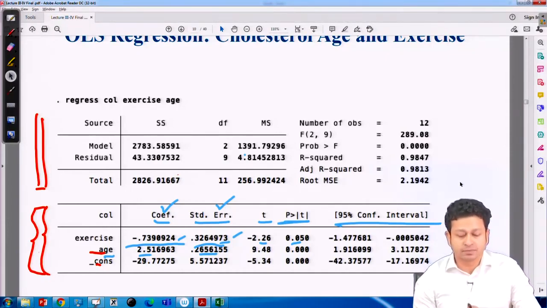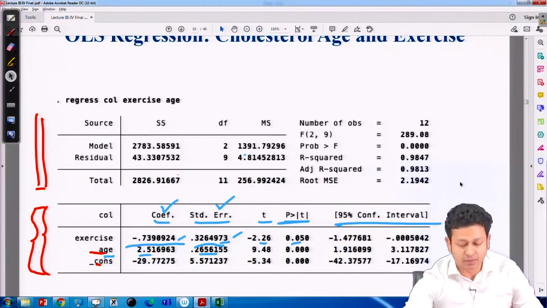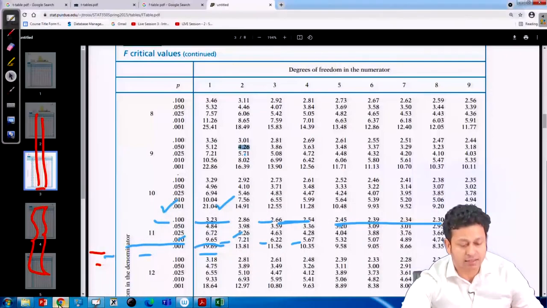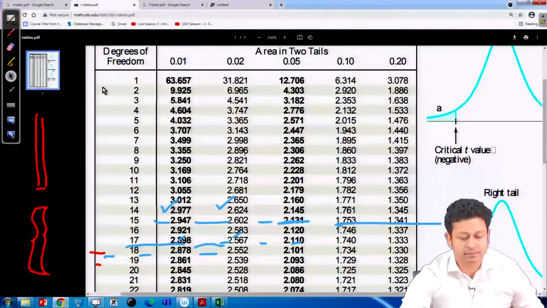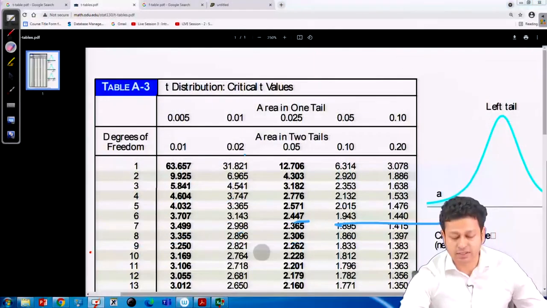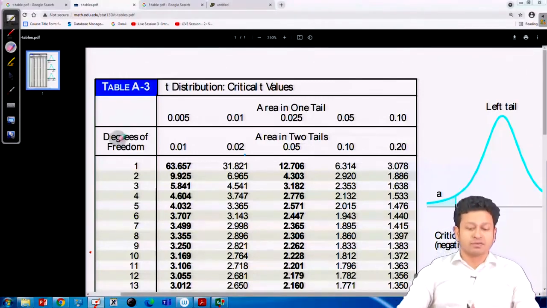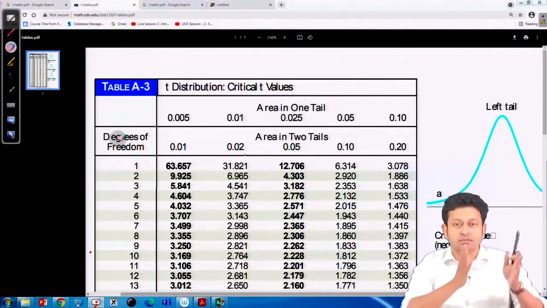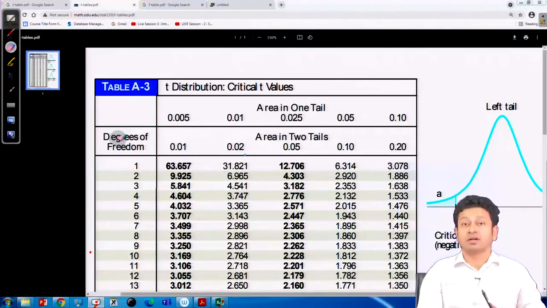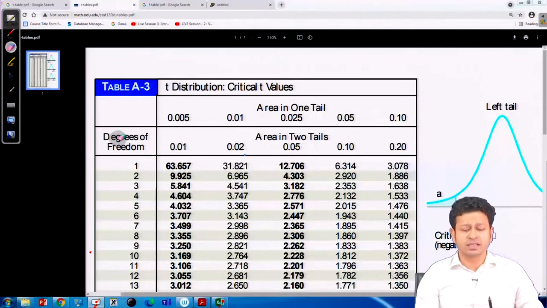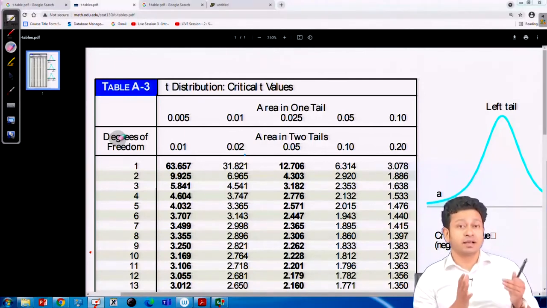So, let us actually find how a t table looks like. I have actually got the t table here. For the t table, you will see we are talking about only one degree of freedom, in the column, not in the row like we had for the f distribution. That is because in the t distribution we are not taking a ratio of variances.